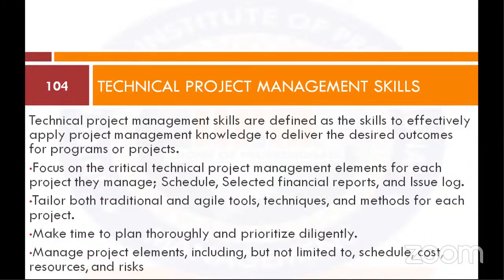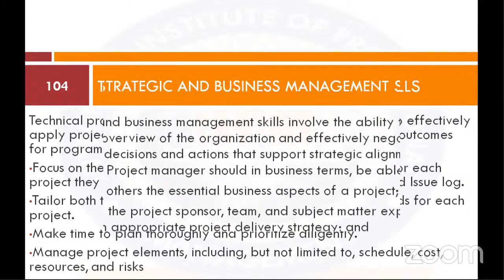They focus on the critical technical project management elements for each project they manage, such as schedule, selected financial report, issue log. Then they develop both traditional and agile tools, techniques, and methods for each project. They make time to plan thoroughly and prioritize diligently. They manage project elements, including but not limited to schedule, cost, resources, and risks.